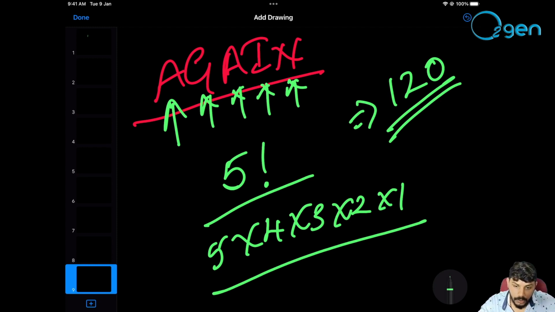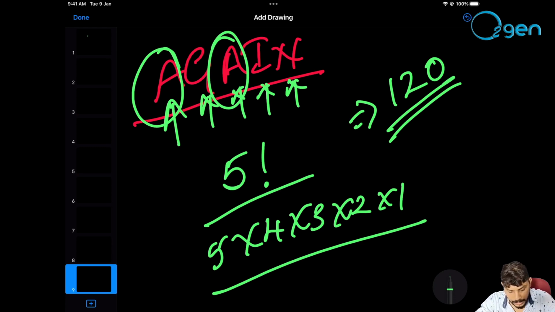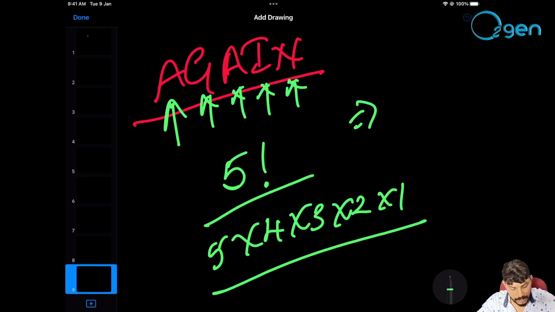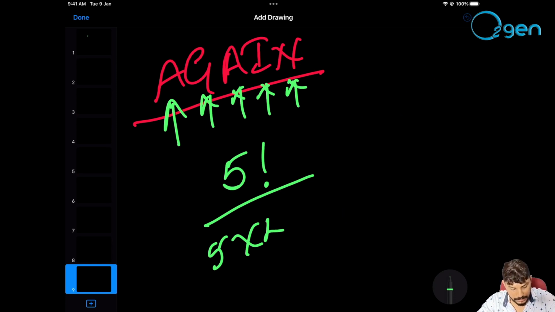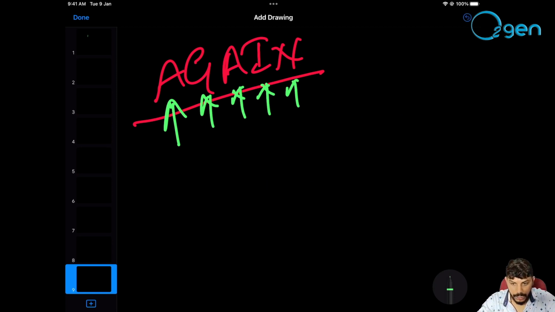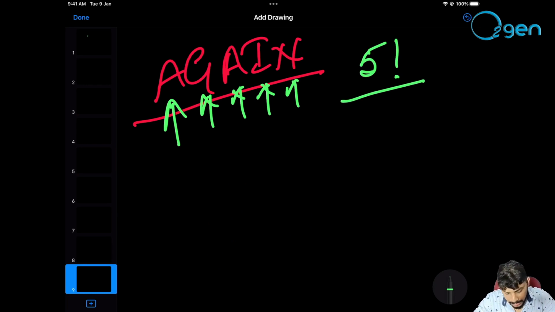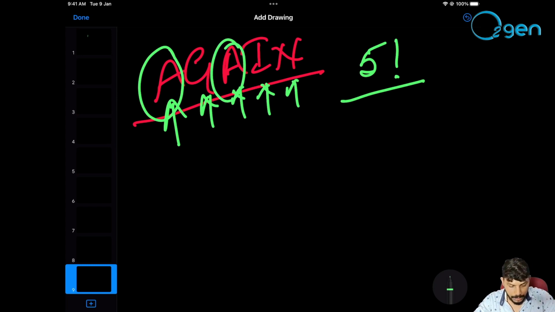But there is a repetition of a letter. The letter A is repeated twice. That means you have to consider whether a letter is repeated or not. So the 5 letters can be arranged in 5 factorial ways, but A is repeated twice.